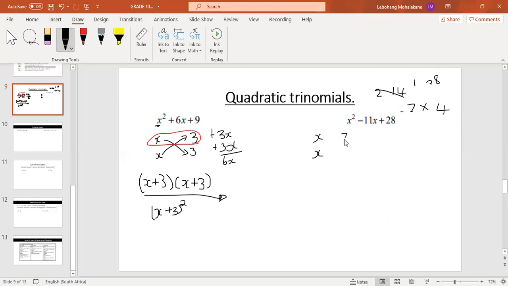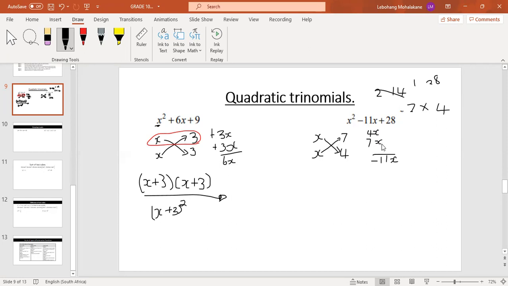So I'm going to have 7 here, and then 4 here, right? Remember, when I multiply them, I have to get negative 11x. So I'm going to multiply firstly 4 and x, which gives me 4x. Then I'm going to multiply 7 with x, and I get 7x.